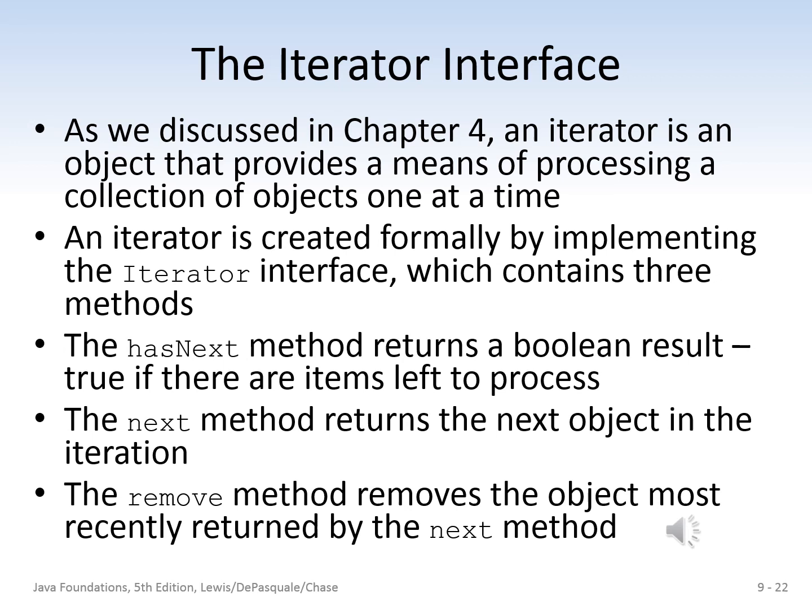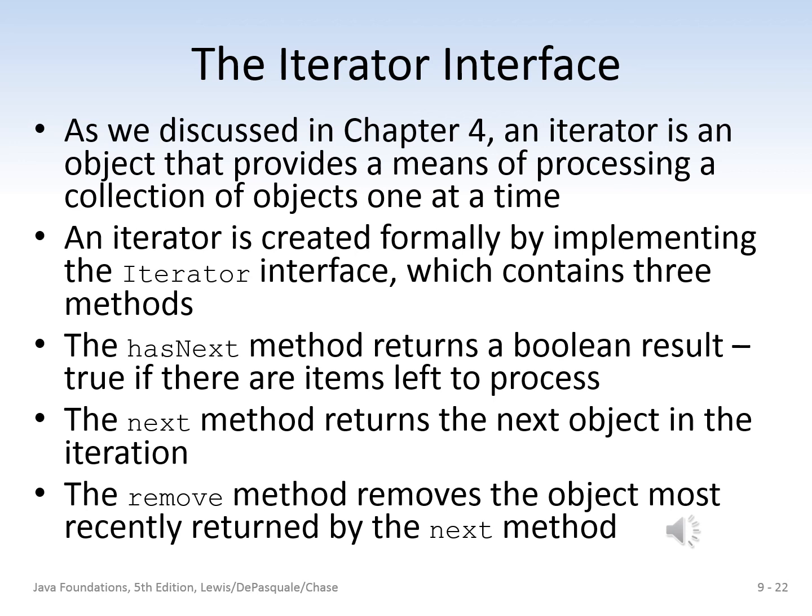Back in chapter 4, we discussed the concept of an iterator. An iterator is an object that provides a way of processing a collection of objects one at a time. We create an iterator by implementing the Iterator interface, which contains three methods: hasNext, next, and remove.